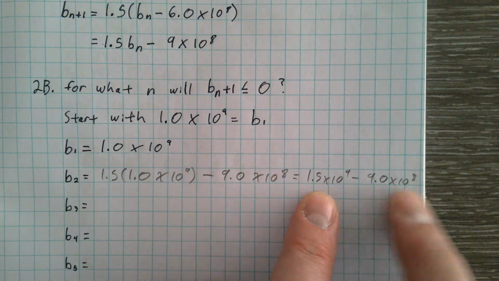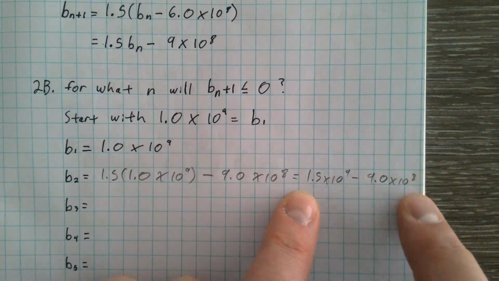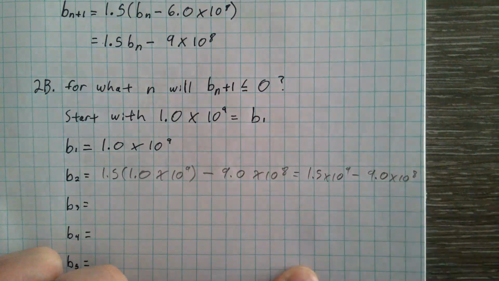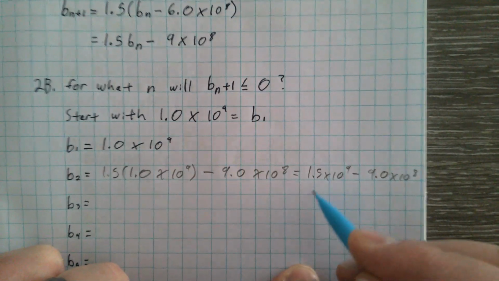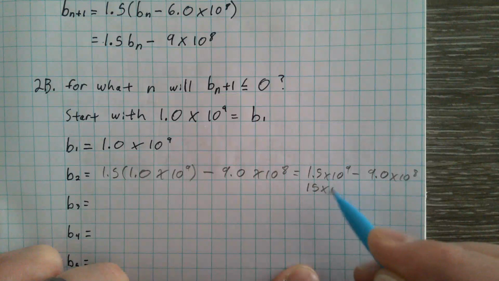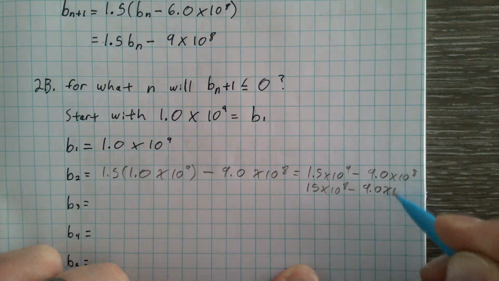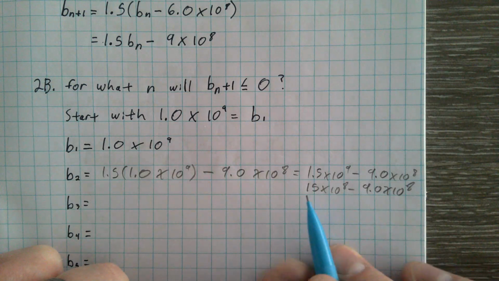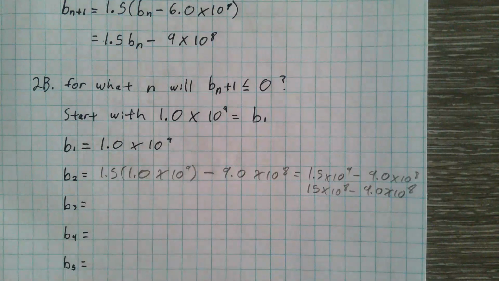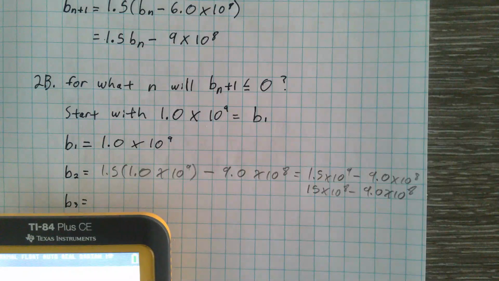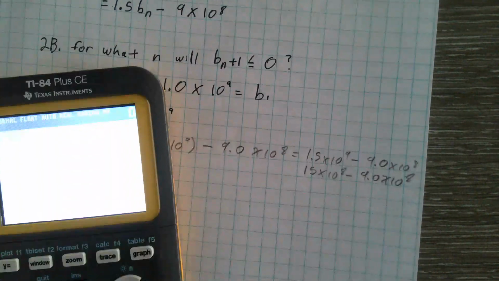And what you can do, if you are wondering how am I even going to plug this into a calculator, we can get the same type of notation. We say, well, this is really 15 times 10 to the 8 minus 9.0 times 10 to the 8. What's 15 minus 9? It would still be times 10 to the 8.